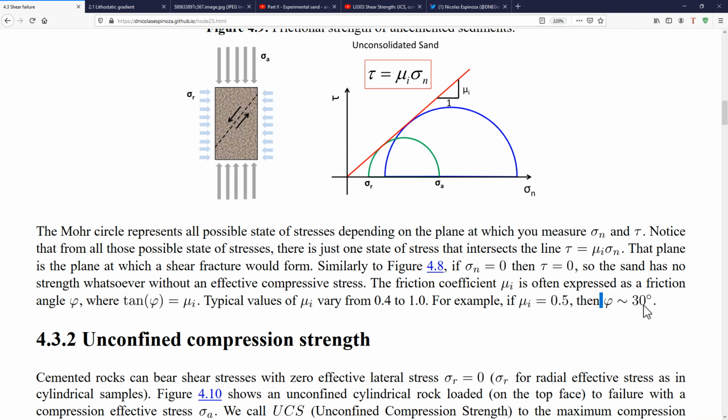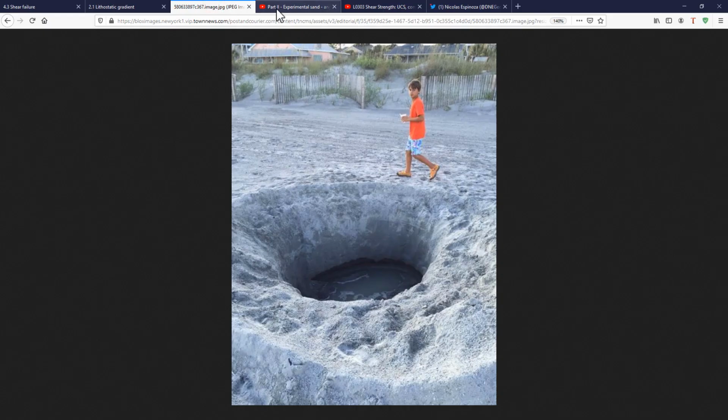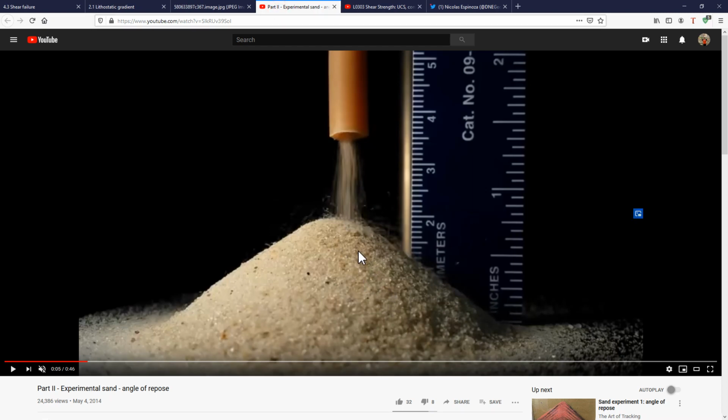And the friction angle, probably it's something that you may not have heard about before, but it has a very simple physical explanation and meaning, and this is related also to the angle of repose of an uncemented material. And this is what we see over here. If you have a pile of sand, you may wonder why that pile of sand doesn't just splash horizontally and move just in the horizontal direction.